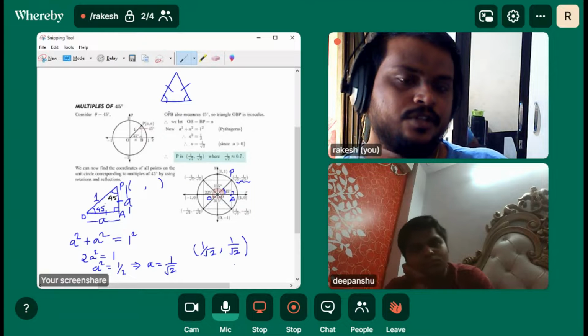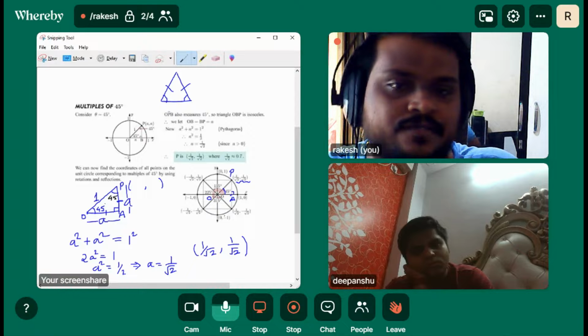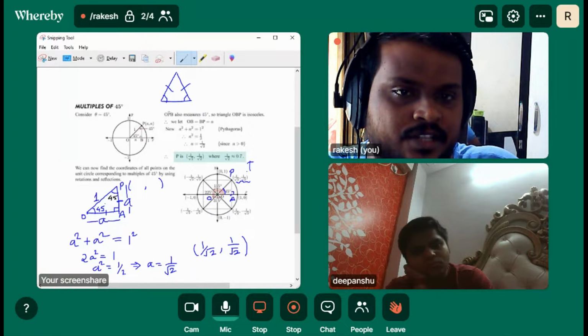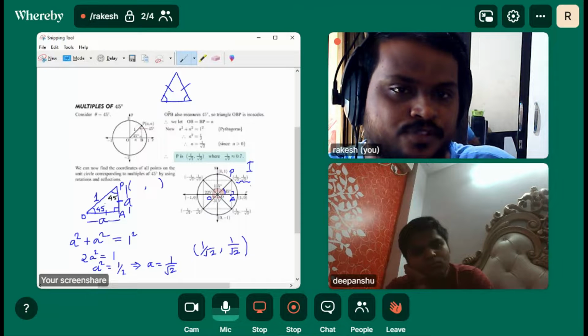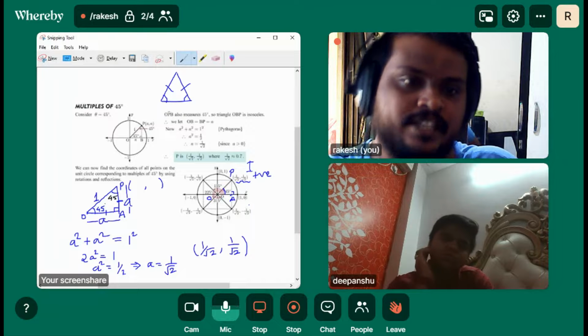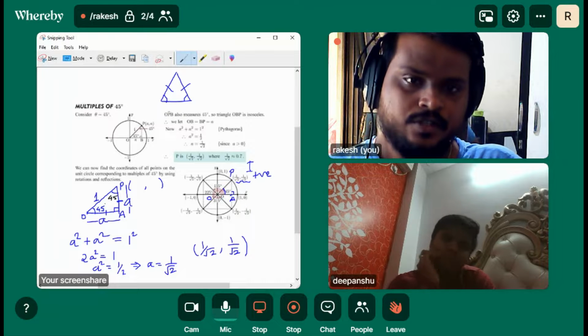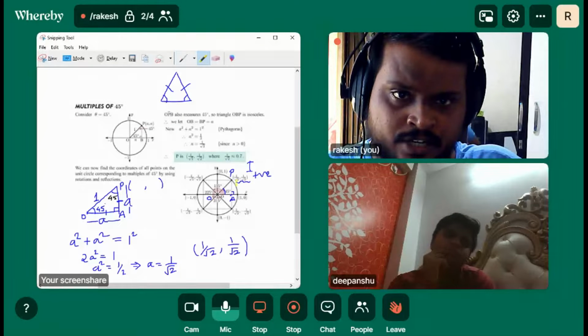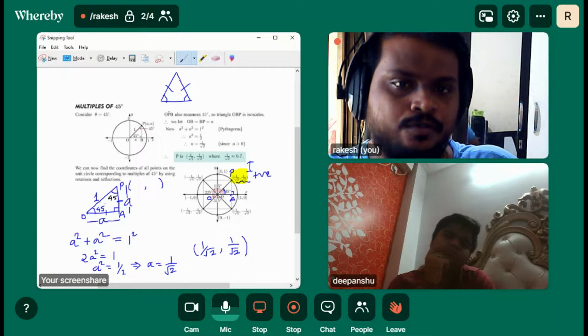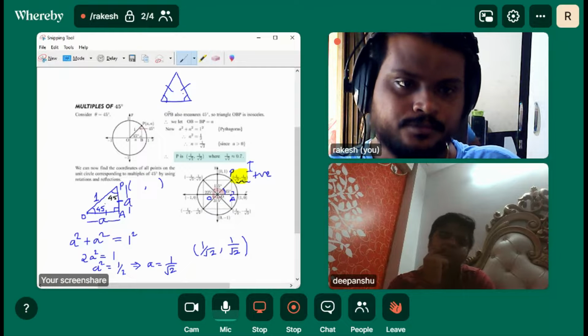Since they are in first quadrant, x and y coordinates are positive. So we got the coordinates of point P as 1 over root 2 comma 1 over root 2.